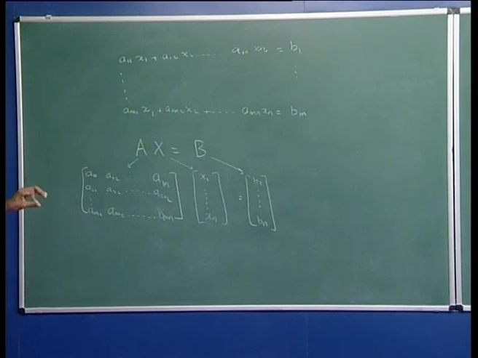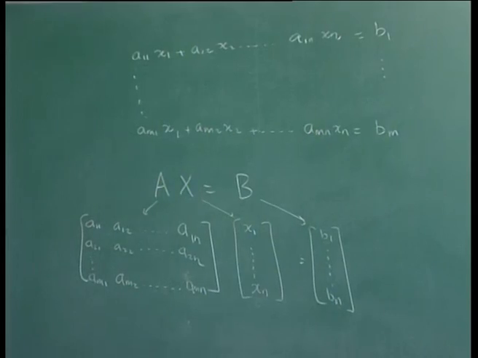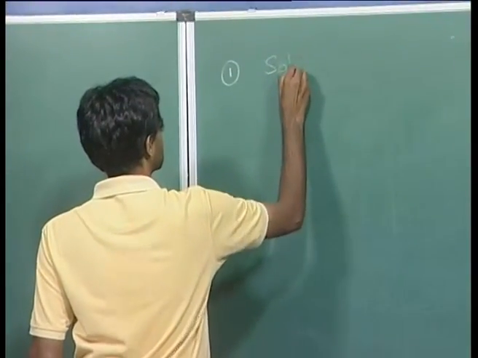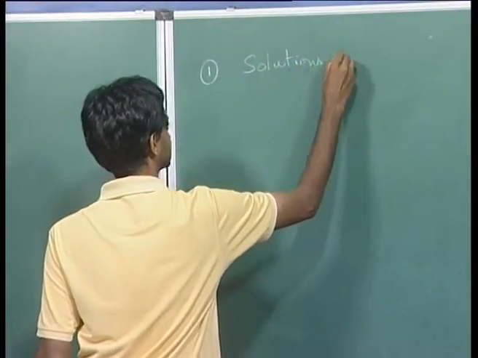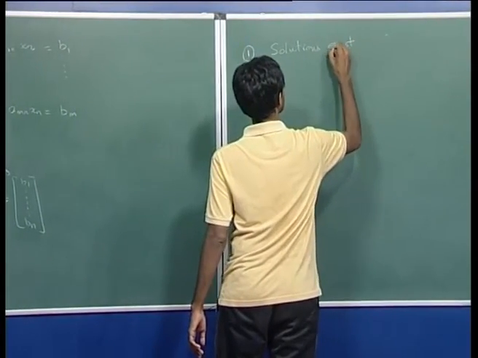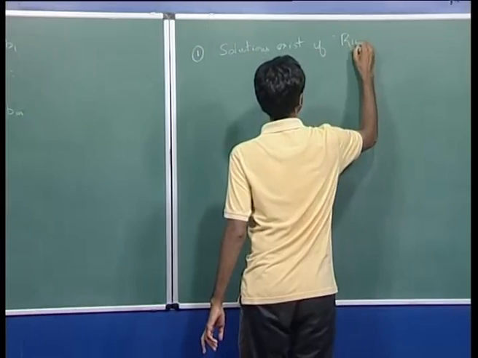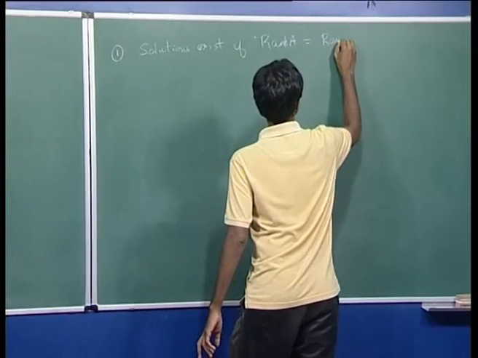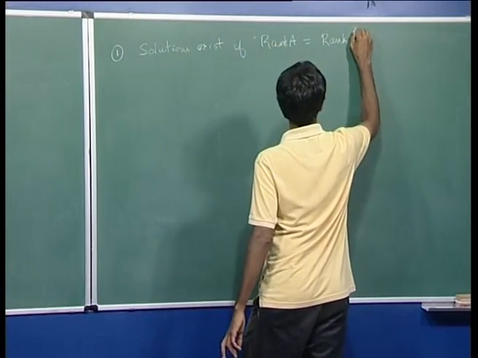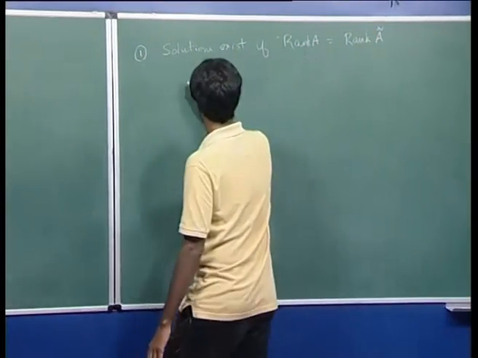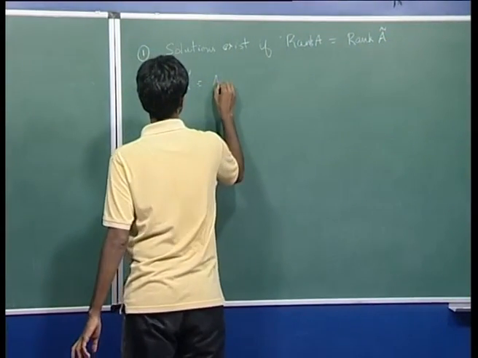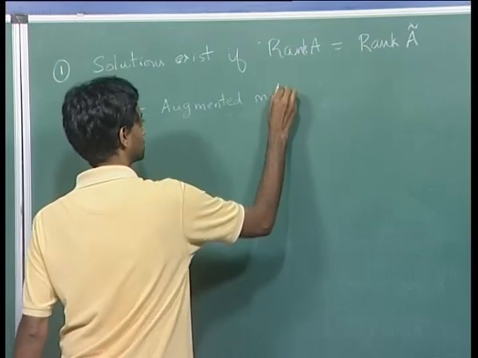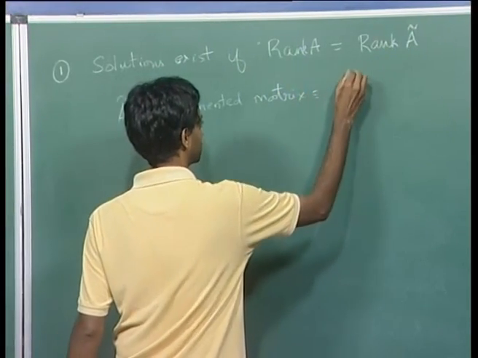Okay. So, now what can we say about this system and its solvability? The first thing we will say is that solutions exist if rank of A is equal to rank of A tilde, where A tilde is called the augmented matrix, and this has coefficients.